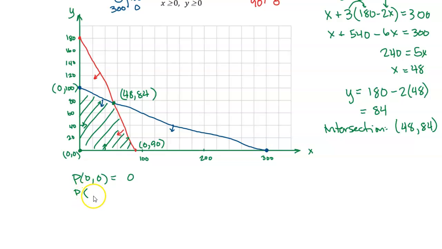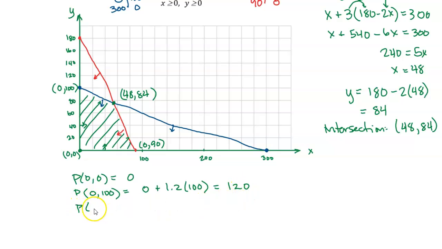Then I'm going to move my way around this polygon, this feasible set, and plug in these different values. When x is 0 and y is 100, I get 0 plus 1.2 times 100, because I'm making $1.20 on the type B souvenirs. That gives me a profit of $120.